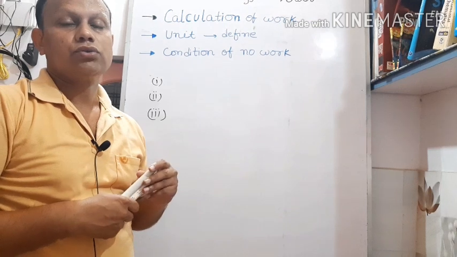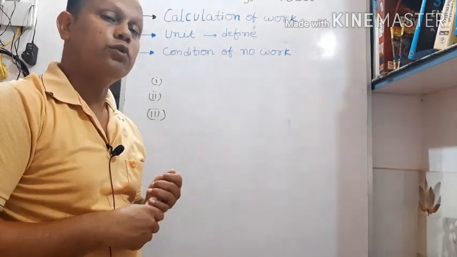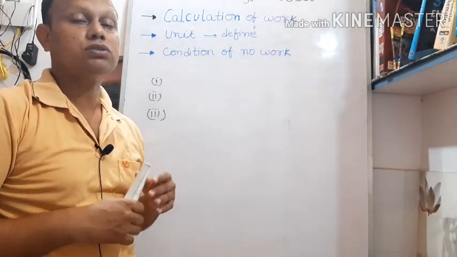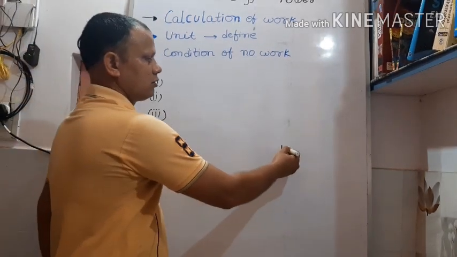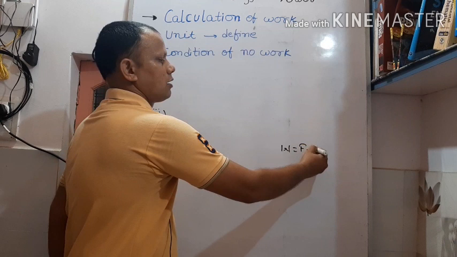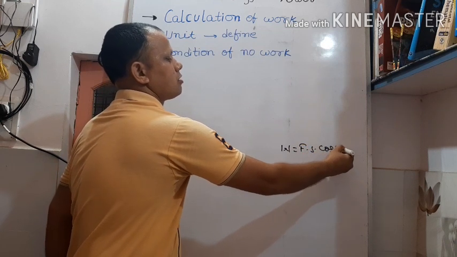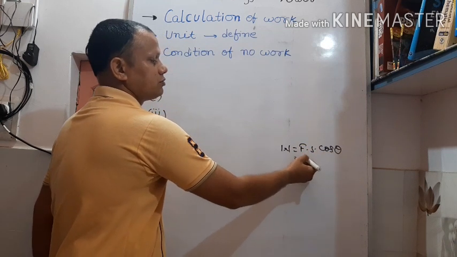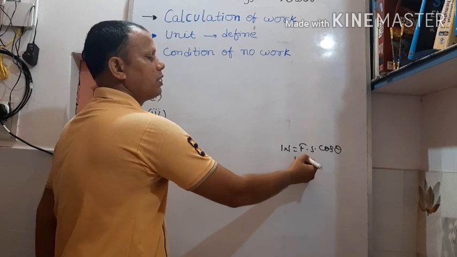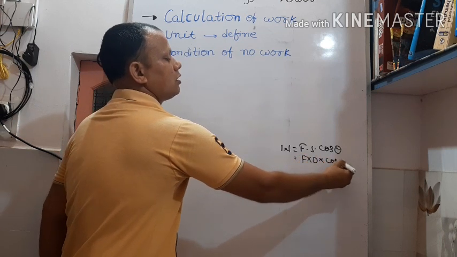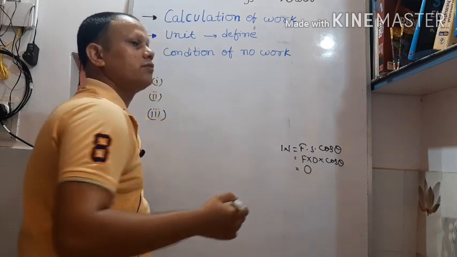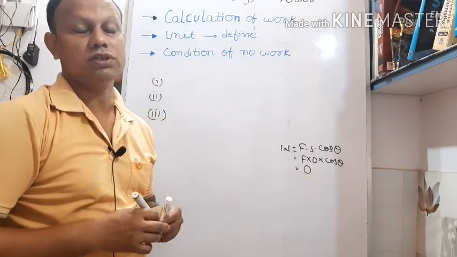No. Although I am applying force on the wall, the wall is not displacing. So force is there, but displacement is 0. Now what will be the product here? The work done will be 0.